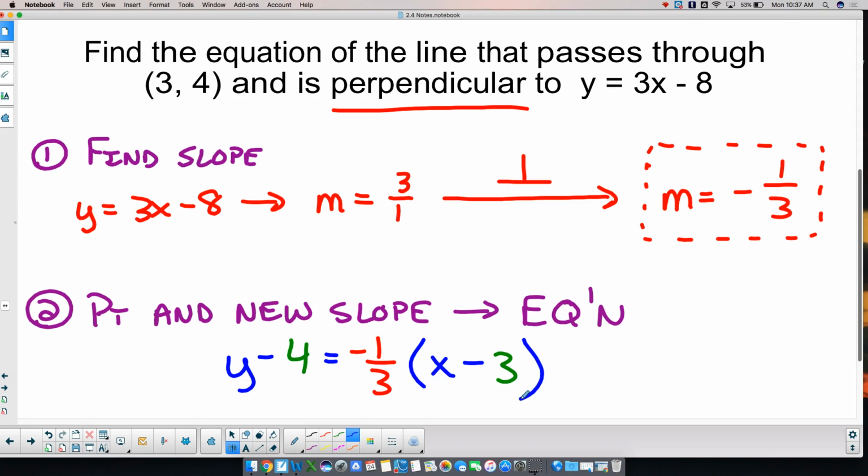Did it say which form this answer needed to be in? Okay, so I can go in any form I want. I'm going to go in y equals mx plus b form then.